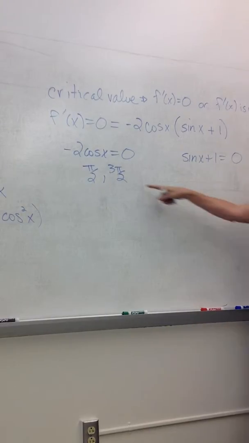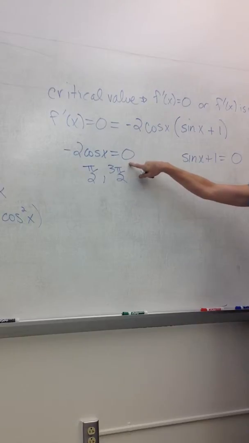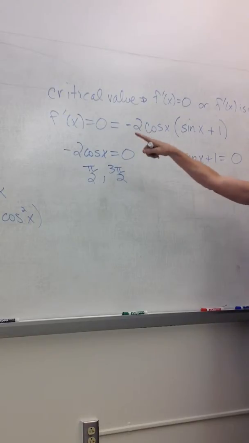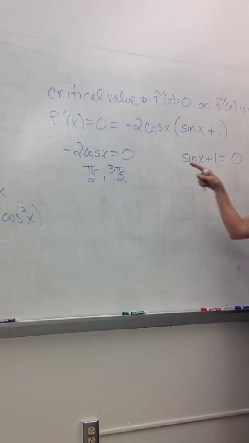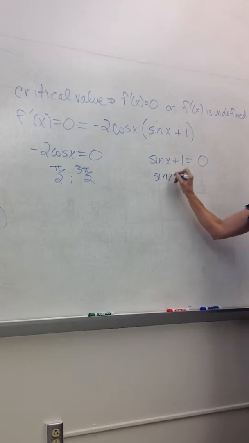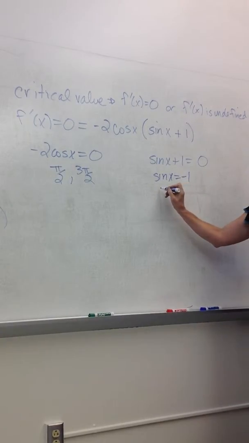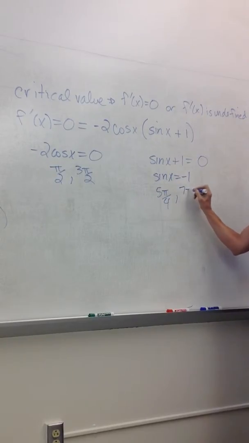So I get 2 zeros from this factor in the interval from 0 to 2 pi, and then from this factor, sine of x would equal -1. That occurs at 5 pi over 4 and at 7 pi over 4.